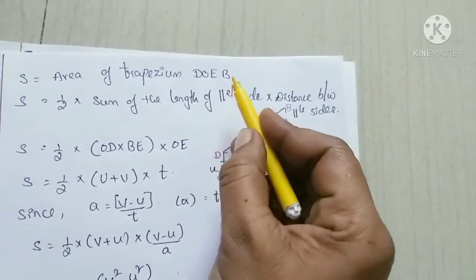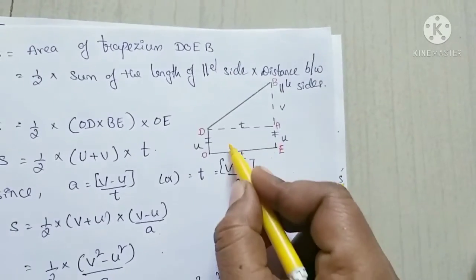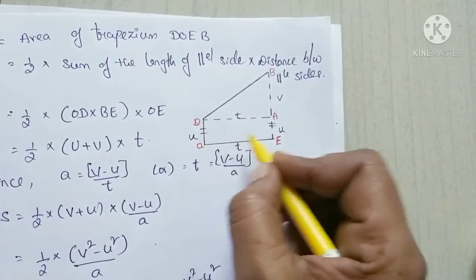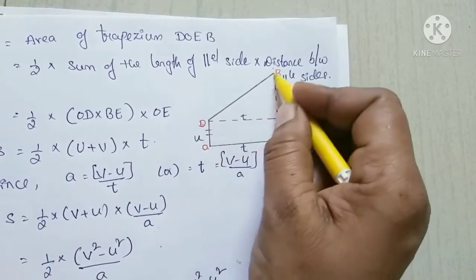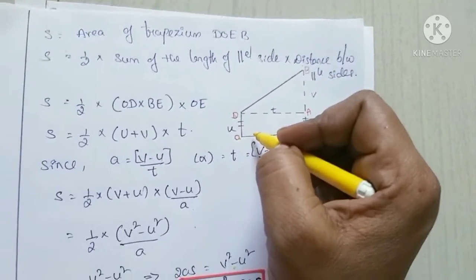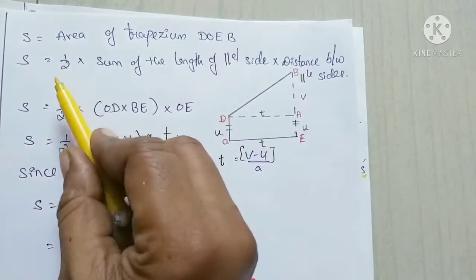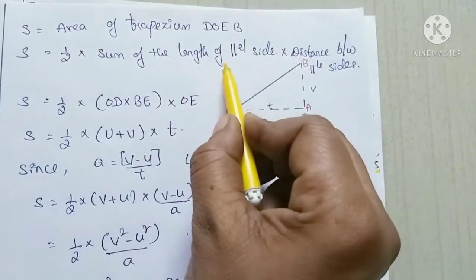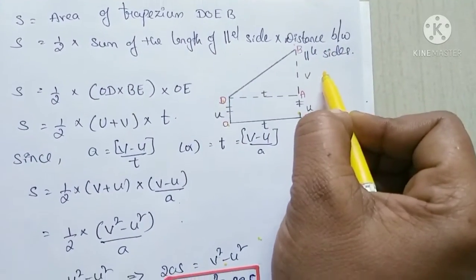Now let us see the area of the trapezium DOEB. We consider DOEB a trapezium. The formula for a trapezium is S equal to half into the sum of the lengths of the parallel sides into the distance between the parallel sides.